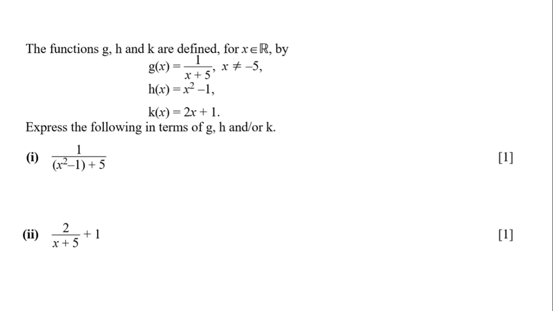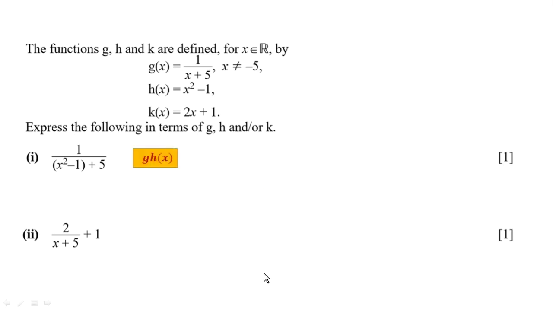And you will notice that in g of x, x was changed to be x squared minus 1. And that gives you an idea that h of x became an input into the g. Thus, your answer will become g of h of x.